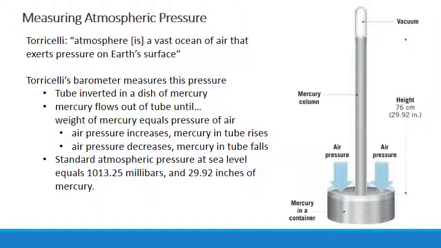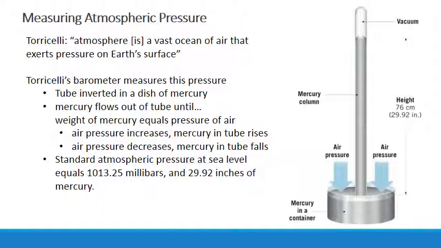He found that the mercury flowed out of the tube until the weight of the column was balanced by the pressure exerted on the surface of the mercury by the air in the dish. In other words, the weight of the mercury in the column is equal to the weight of a similar diameter column of air that extended from the ground to the top of the atmosphere.